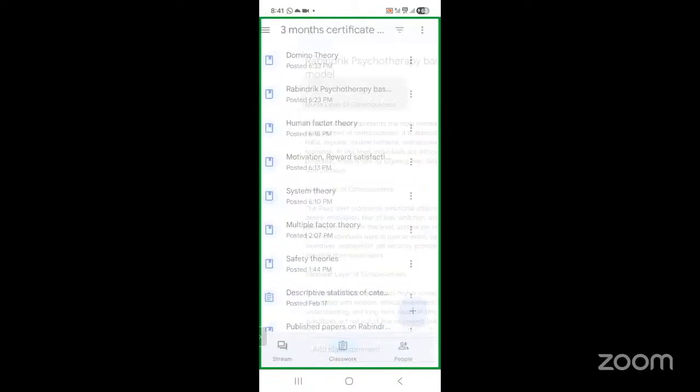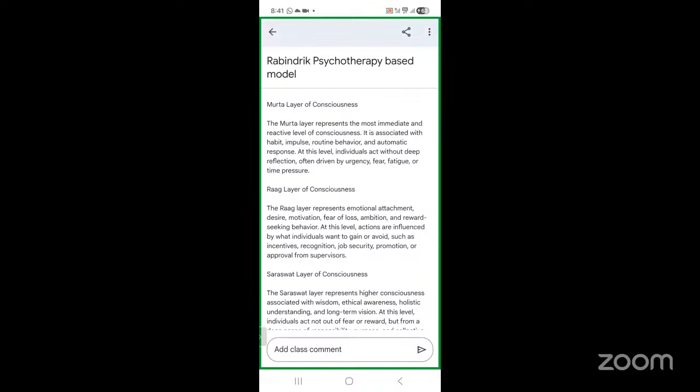Now next is the Rabindric psychotherapy based model. I have developed this model because I have already shown you one picture, maybe in the earlier class. And I discussed the three layers of consciousness: Murto, Rag, and Saraswat.